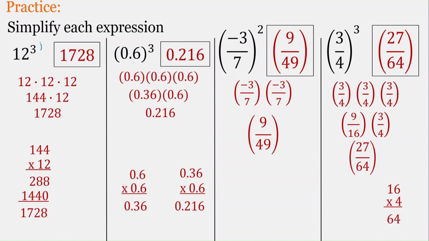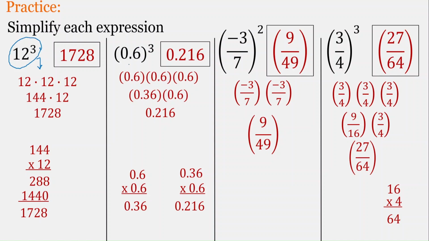We're also practicing writing this power as multiplication. So 12 to the 3rd power, or 12 cubed, is 12 times 12 times 12. If we multiply that out, we get 1,728.